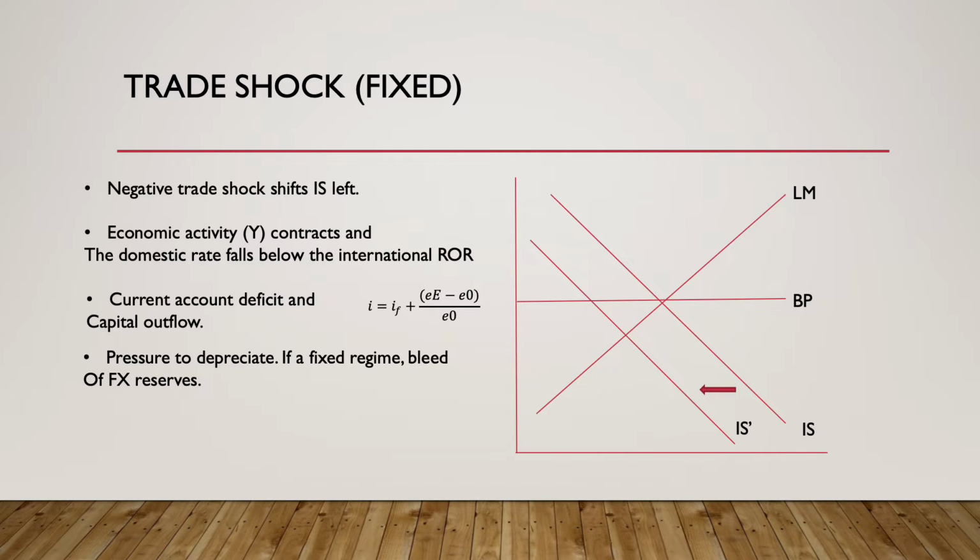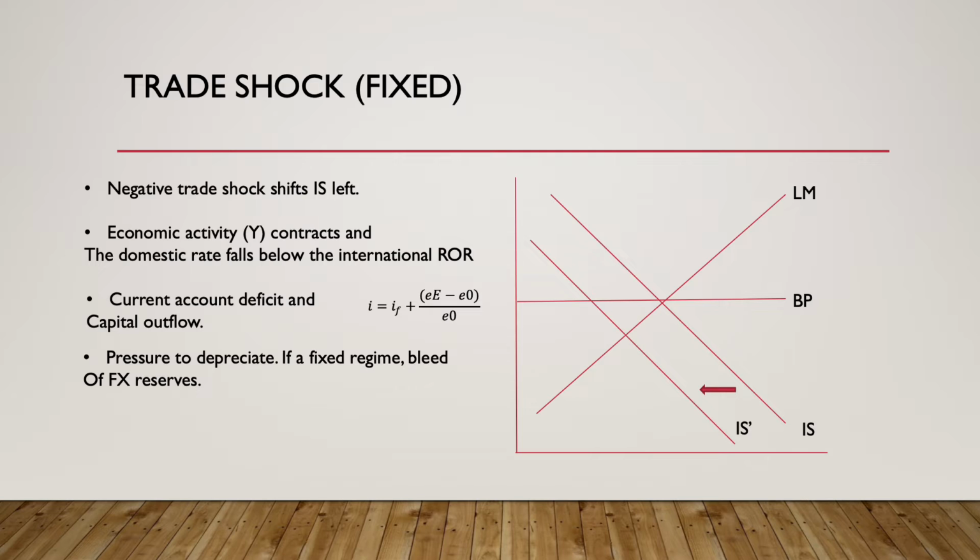At this point, we need to decide whether or not we're dealing in a fixed exchange rate regime or a flexible exchange rate regime. For this slide, we're going to be dealing with a country that has a fixed exchange rate regime. There's pressure to depreciate the currency. If they were dealing in a fixed exchange rate regime, which we are, the central bank will defend that currency.